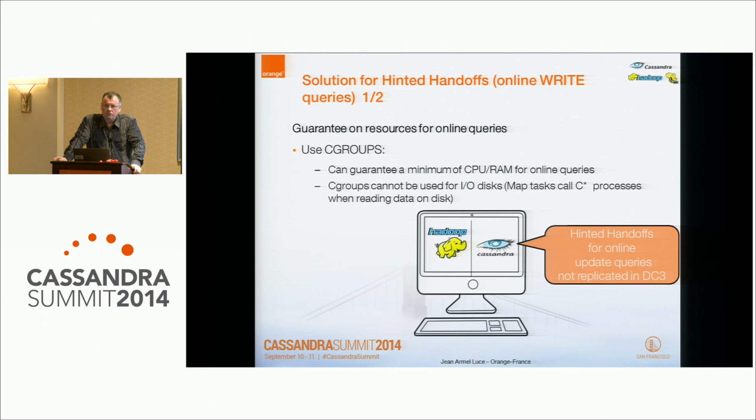We would also like to use cgroups to guarantee a minimum of disk I/O for our online queries, but the problem is that the map task calls the Cassandra processes when reading data on disk. So we are not able to distinguish the I/O made for the online queries from the I/O made for the analytic queries. So we use cgroups only to guarantee a minimum of CPU and RAM for online queries.